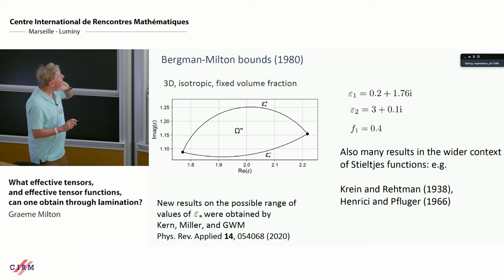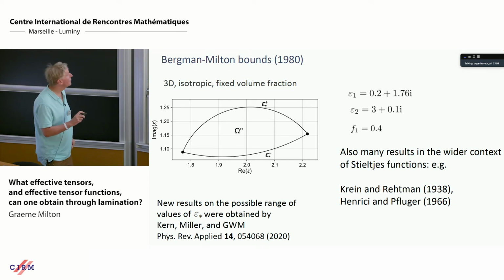So these functions with a simple pole come up in one context, and that's the context of bounding the effective dielectric constant of a composite material when that composite material is isotropic.